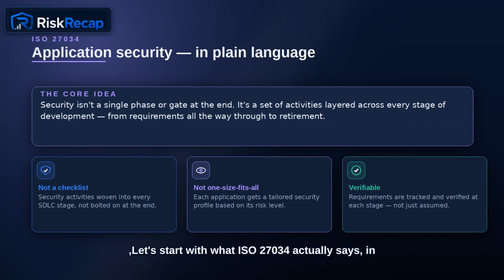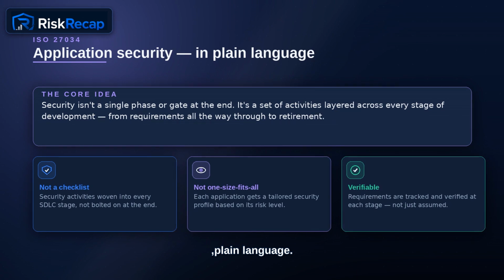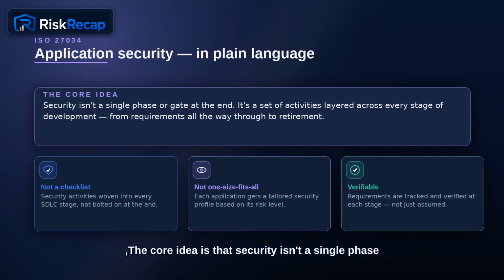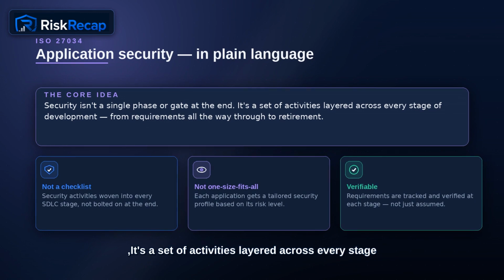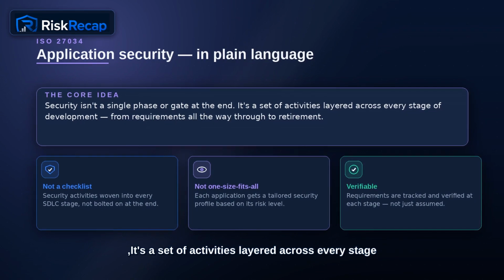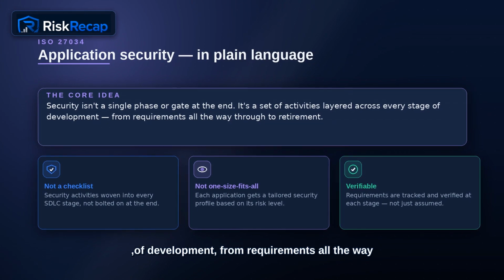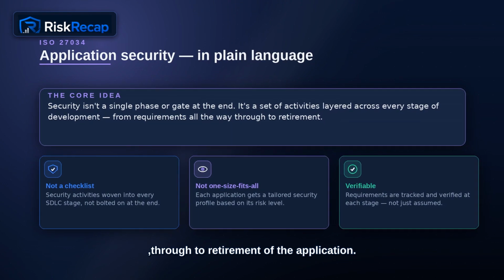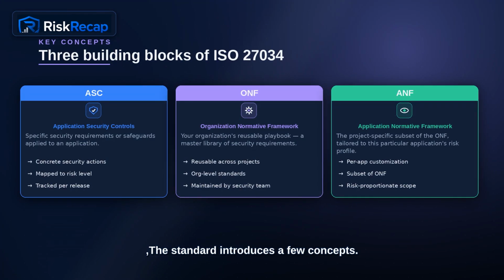Let's start with what ISO27034 actually says in plain language. The core idea is that security isn't a single phase or a single gate at the end. It's a set of activities layered across every stage of development, from requirements all the way through to retirement of the application.